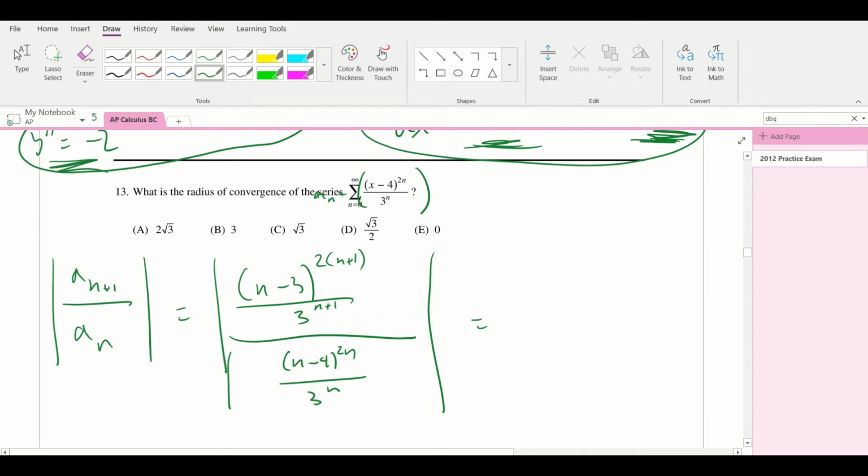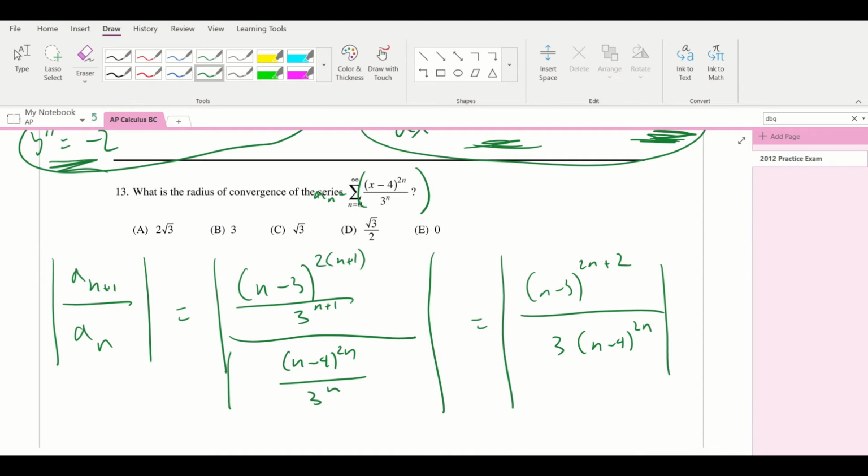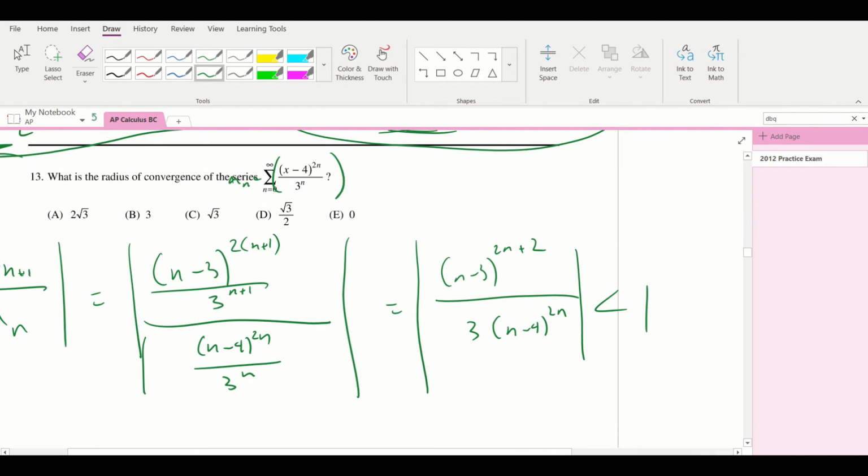So this is just equal to 3 times (n minus 4) to the power of 2n under (n minus 3) to the power of 2n plus 2. All right, so we know this has to be less than 1.